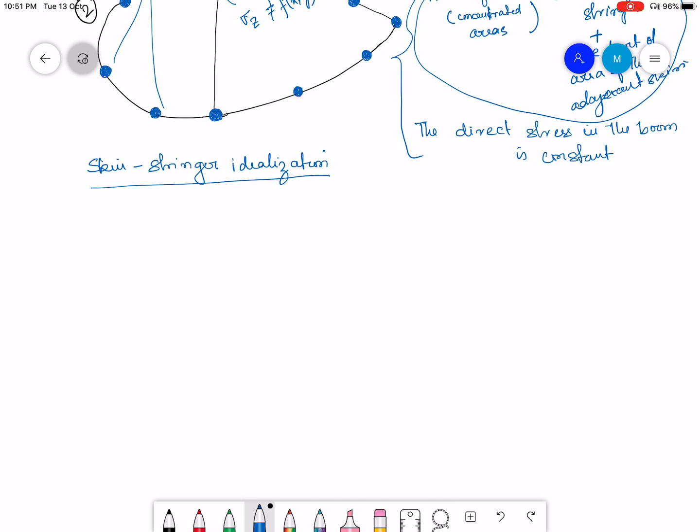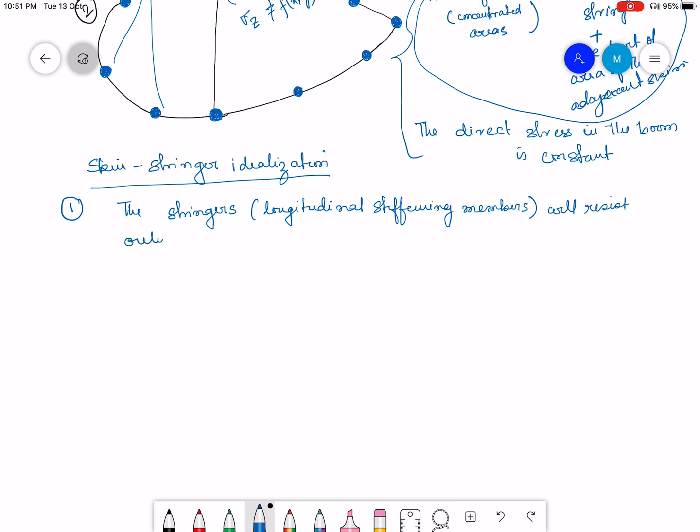So the first point is that the stringers or any longitudinal members will resist only direct stresses due to bending.